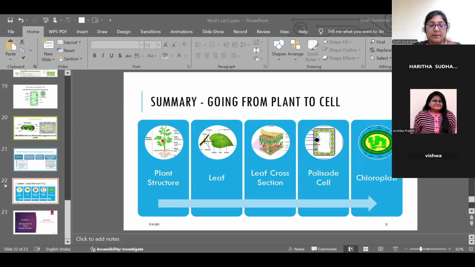So these both cycles are very interlinked with each other. The light reaction is providing the output that is used as an input in the Calvin cycle. The Calvin cycle is generating an output that is used as an input in the light reaction. And this Calvin cycle is occurring in the stroma. So this is why we are going to be focusing on the thylakoid and stroma part of the chloroplast.